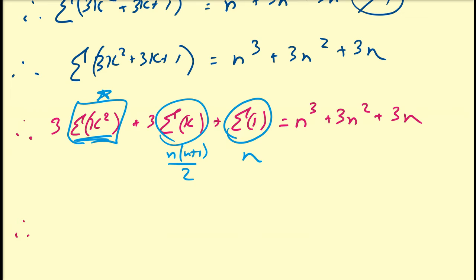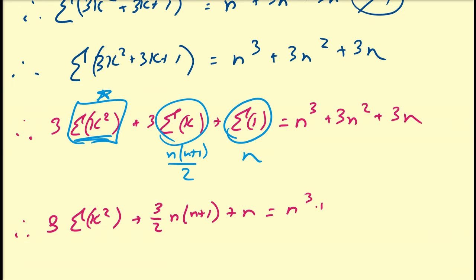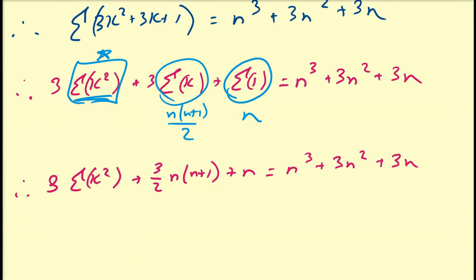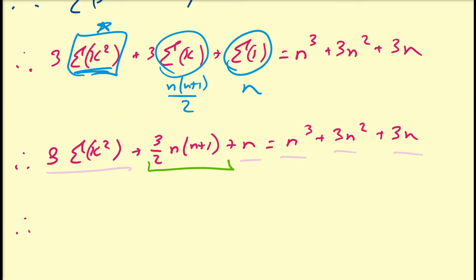Let's do some algebraic manipulations before we get to that step. So we have 3 sum of k^2 plus 3 divided by 2 times n times (n plus 1) plus n must be equal to n^3 plus 3n^2 plus 3n. I'm going to multiply all sides of this equation by 2 in order to get rid of this denominator of 2, just to make our calculations a little bit easier.